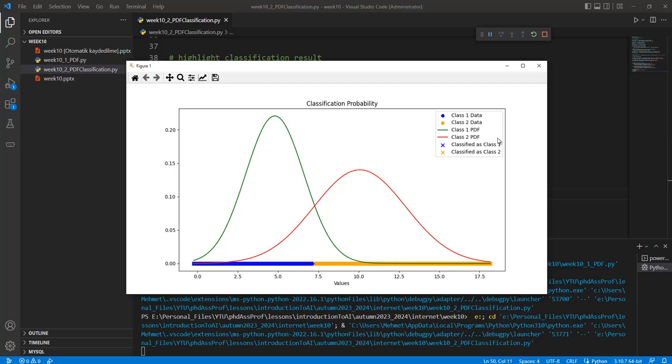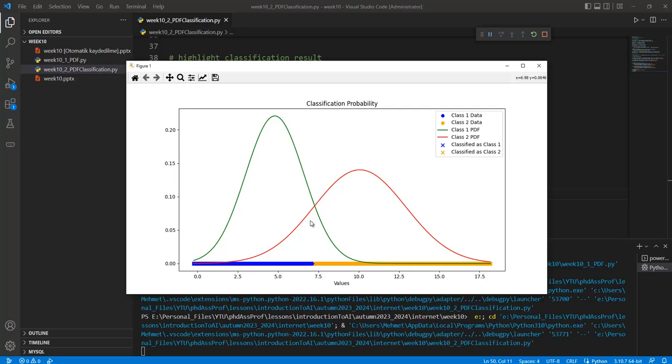Okay, so class 1 data in the test data is assigned these terms like this one, and class 2 data is represented by this one. Okay, and this is the intersection point of these curves, so this area may be class 1 or class 2.